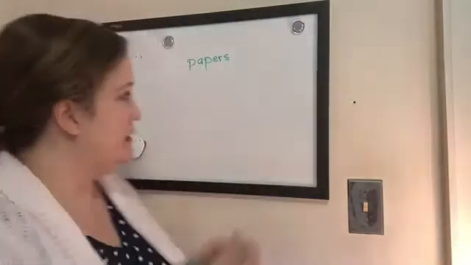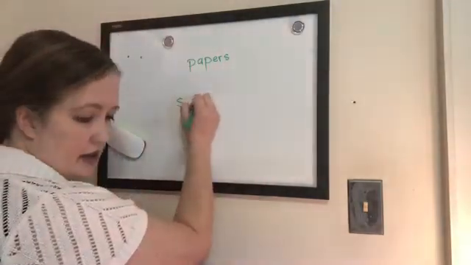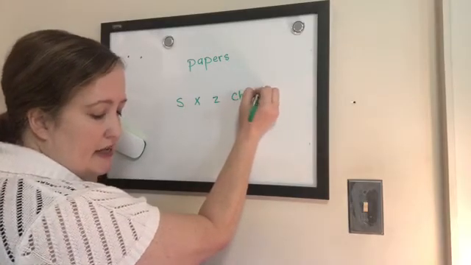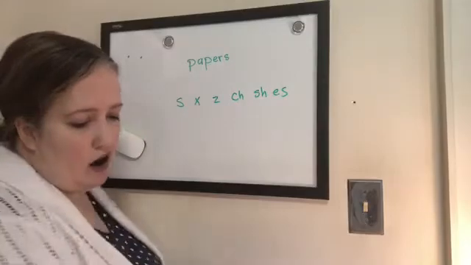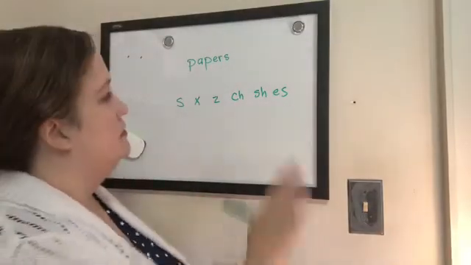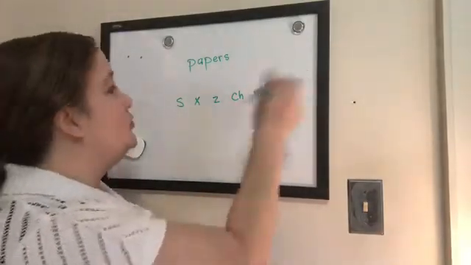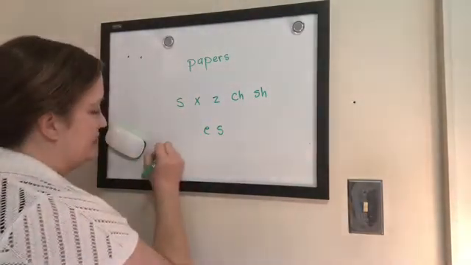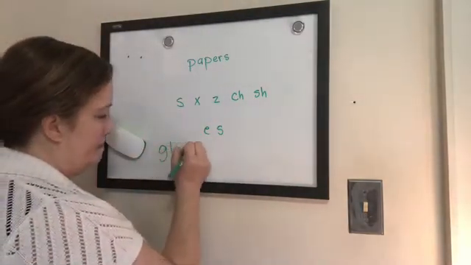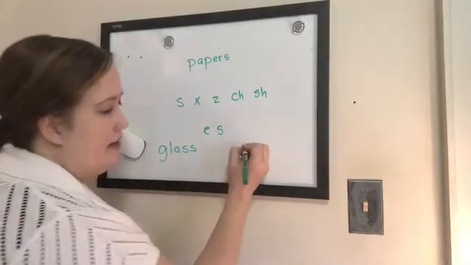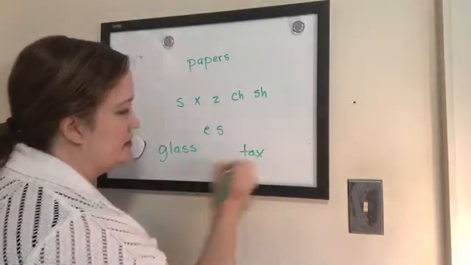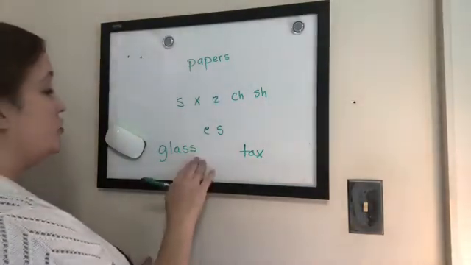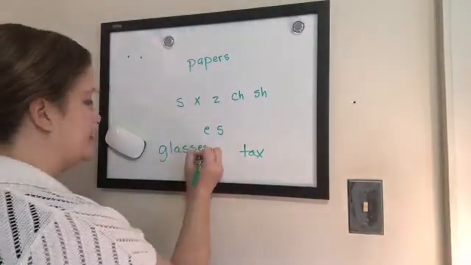For nouns ending in s, x, z, ch, and sh, you add es. So if you have glass and you have tax, you don't just add an s, you add an es.